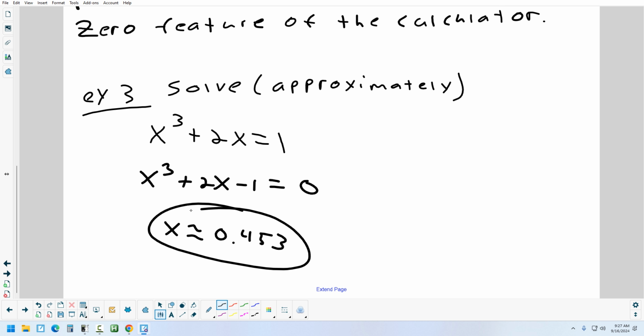Whether we could solve it algebraically depends on if we can take this cubic and somehow reduce it to a quadratic. That could be tough to do with this particular problem. So at this point, that might be one we would have to rely on the calculator to solve. I'd have to look at it a little more to see the algebra, to see if I could do it. Questions on that?